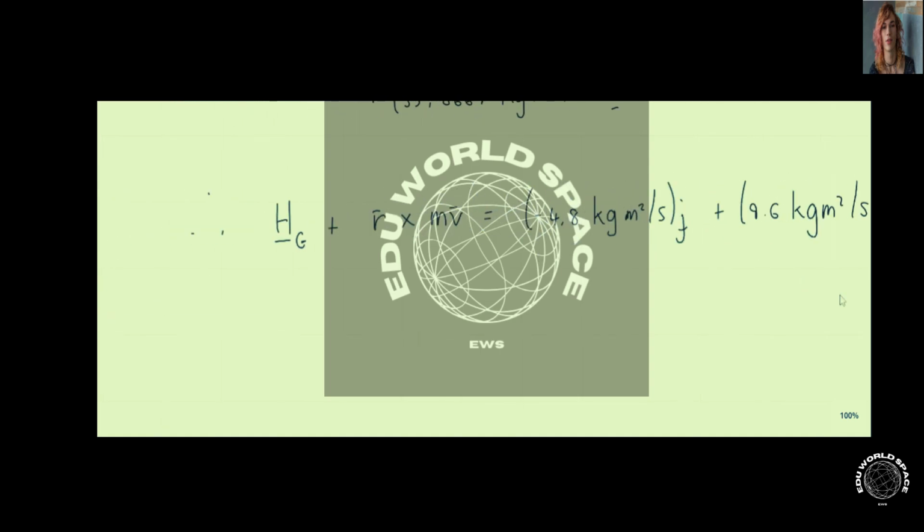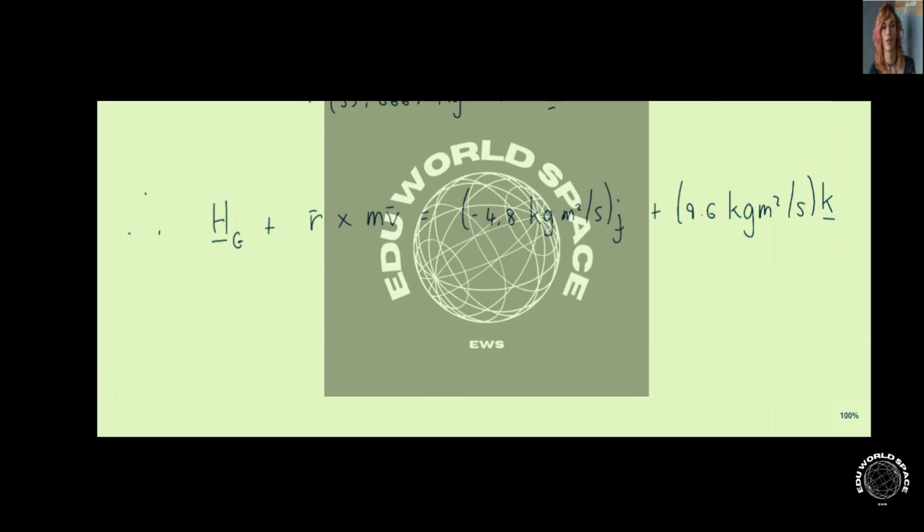So that's our vector HG plus r cross mv. So the i's cancel. We don't have any component along the I direction.